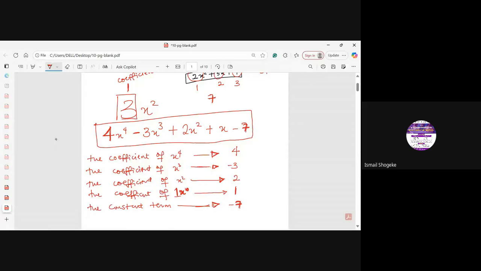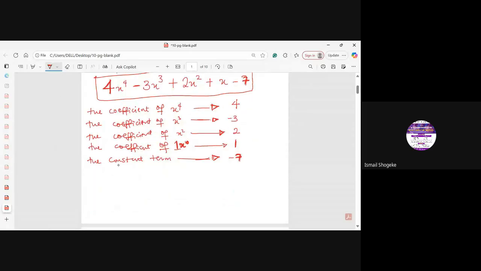So let's write that. And I'm going to write another one and ask you to tell me the coefficient. Once you're done writing this, just like a quick exercise, type it in the chat.